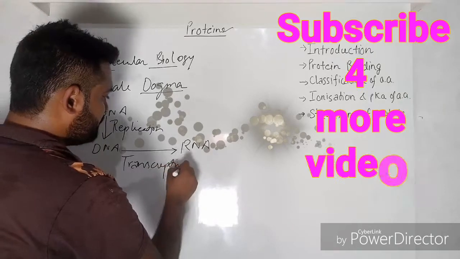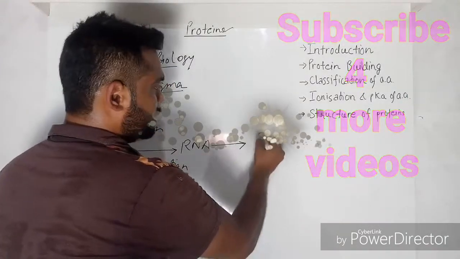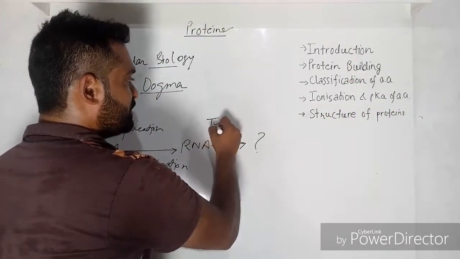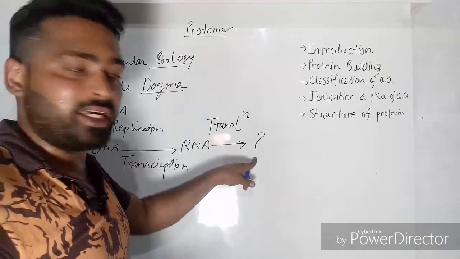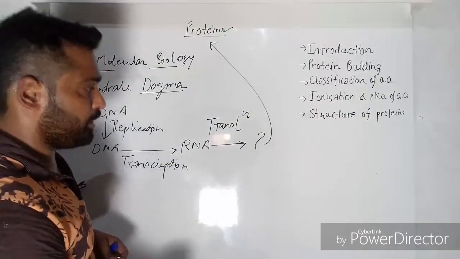After the RNA is formed, this is converted into what? I will tell you later, okay. This process is known as translation, and the product which is formed here is the proteins. That is what we are talking about, okay.